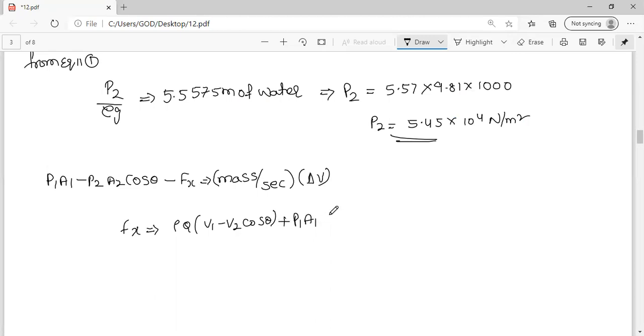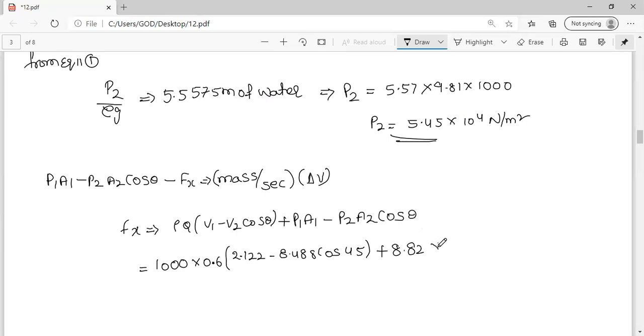plus P1A1 minus P2A2 cos theta. If you observe carefully, I know rho, which is 1000, and Q, the discharge, 0.6 meter cube per second, and velocity 1 is known to you, 2.122 minus 8.488 cos 45, plus pressure 1 is 8.82 into 10 to the power of 4 into 0.2827 minus P2A2 cos theta.